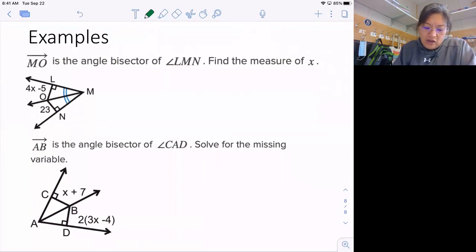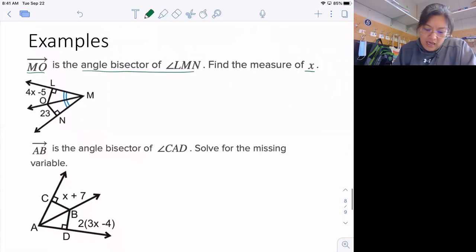So I know that MO is the angle bisector, so I want to find x. So that means angle LMO is congruent to angle NMO.